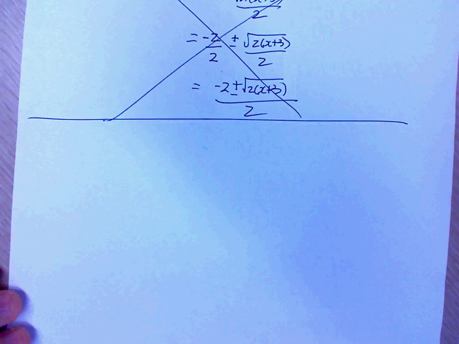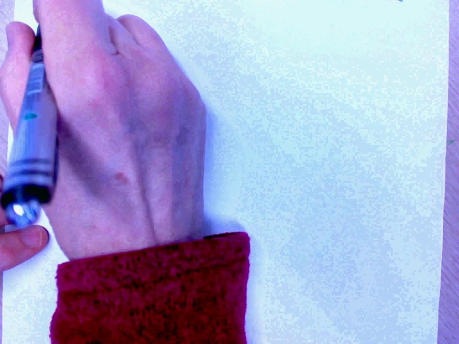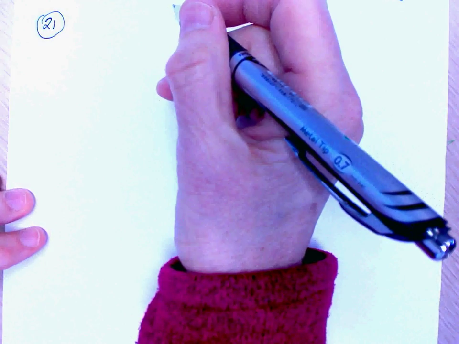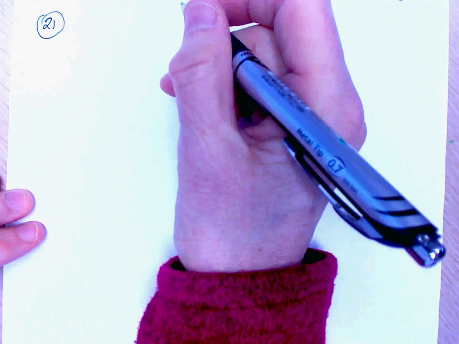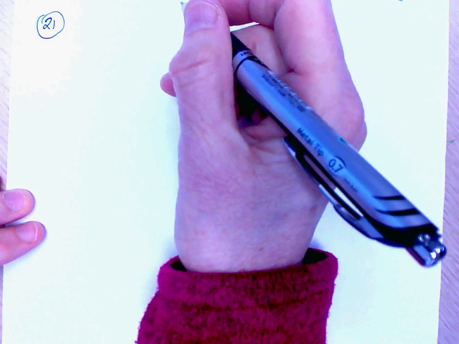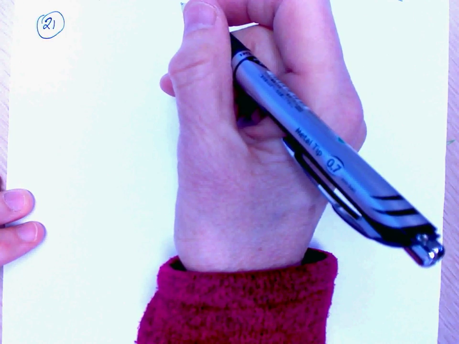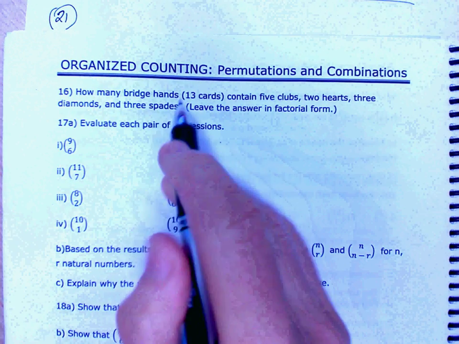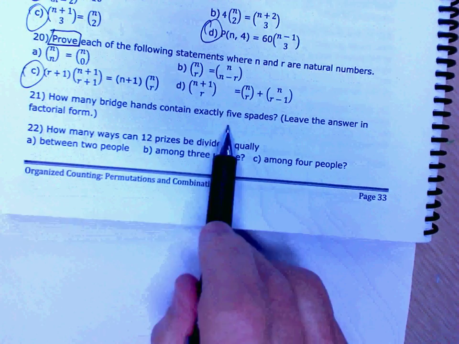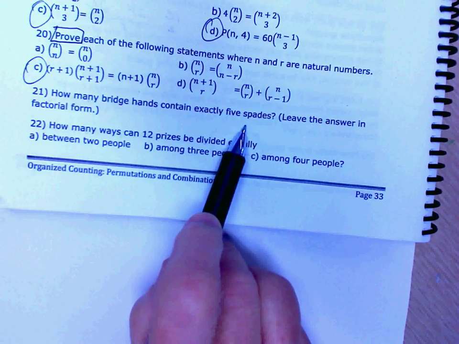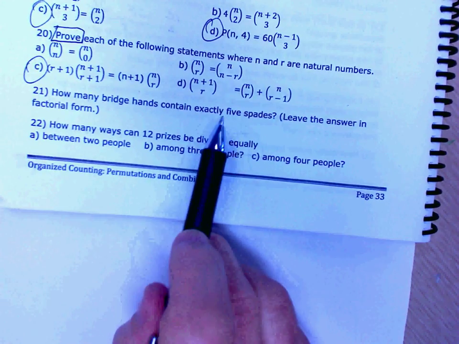So let's look at 21. The issue maybe with 21 is understanding a deck of cards. How many bridge hands contain exactly 5 spades? In a previous question, we're told that a bridge hand has 13 cards. So we need 13 cards in total, but of those 13 cards, we want exactly 5 spades.